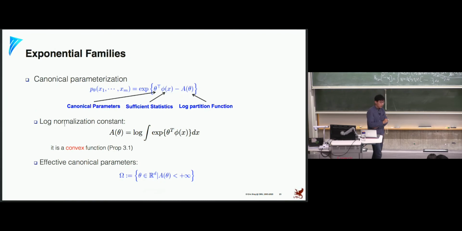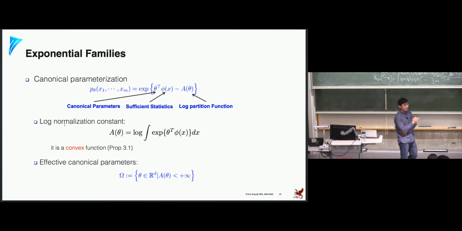So let's recall exponential families. For an n-dimensional random variable, its distribution follows an exponential family if the density function can be written like this: the exponential of a linear function, minus some normalization constant. Theta here is called the canonical parameters, or sometimes the natural parameters.